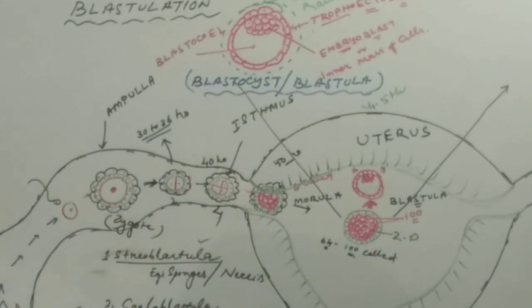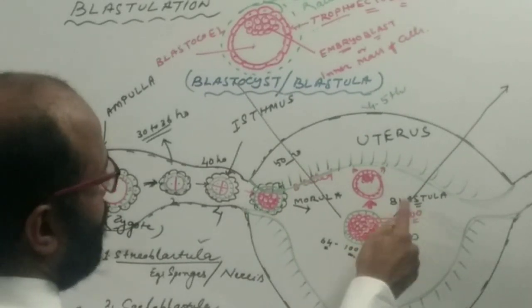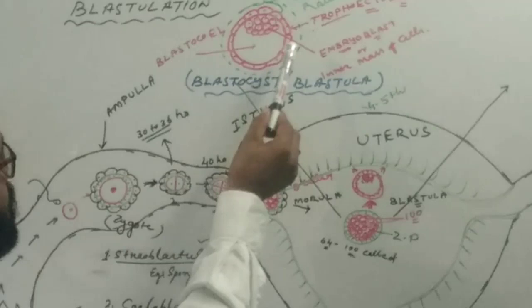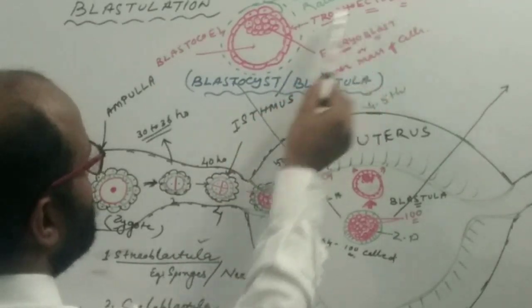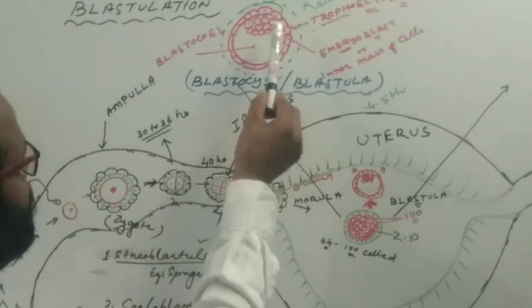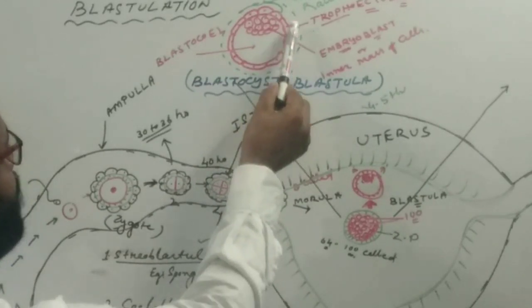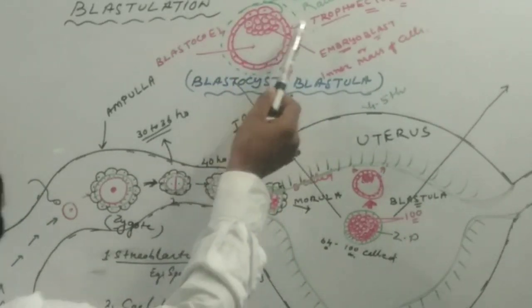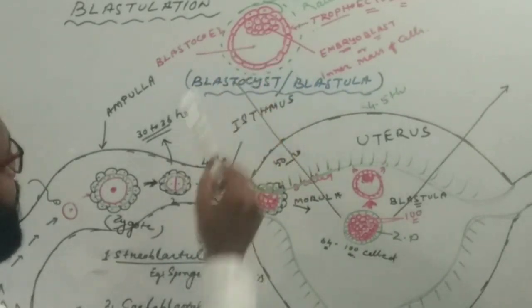The human blastula, which is known as the blastocyst, has three regions. One is the trophoectoderm, the outer blastomeres, which will develop the extra-embryonic membrane and provide protection to the developing embryo.